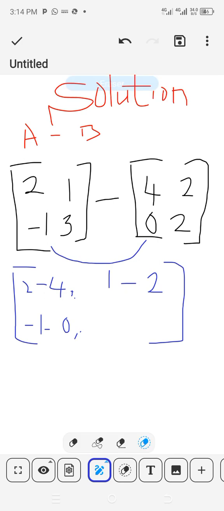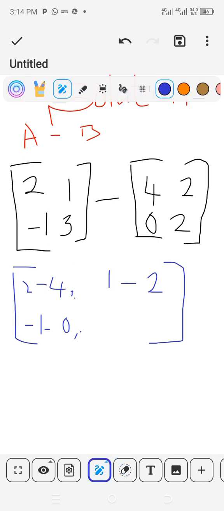Then next, the last number there is 3. You subtract 2, the last number of the other matrix, from 3. This will be 3 minus 2.